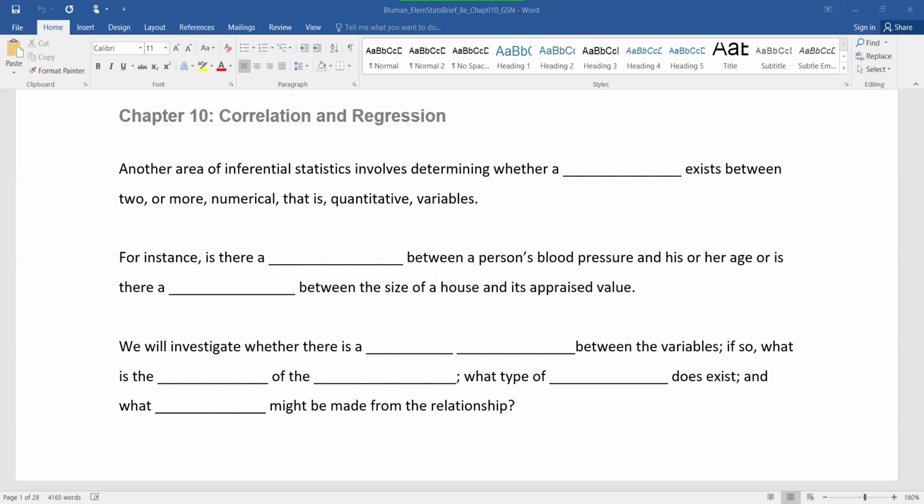So, the beginning of chapter 10 starts off by stating that another area of inferential statistics involves determining whether a relationship exists between two or more numerical or quantitative variables.